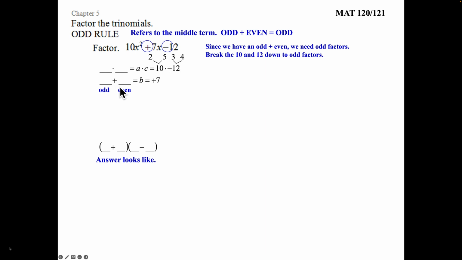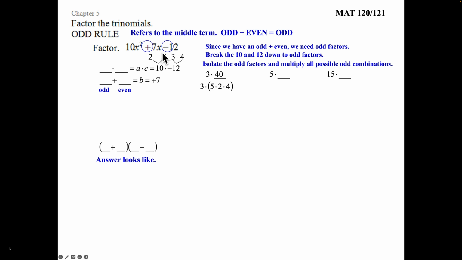Odd plus an even. I have 3 times something, a 5 times something, and oh, by the way, remember, an odd times an odd is 15. Okay, so if you cover up the 3, 2 times 5 is 10 times 4 is 40.